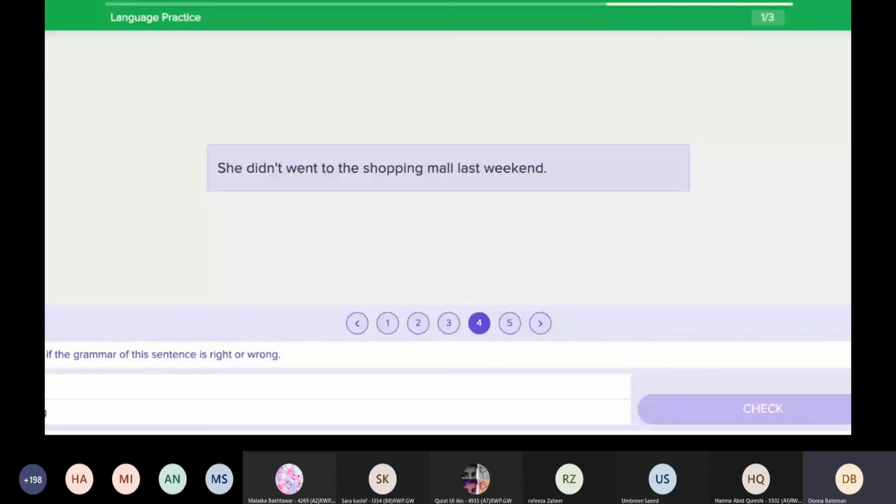And we don't need to do that. Only didn't needs to be in the past tense. So we need the basic form, the present form of the verb went. And what's that? The present of went is, hopefully you're all shouting at me, go. Okay, so the correct sentence would be, she didn't go to the shopping mall last weekend. So what we have on screen is wrong.